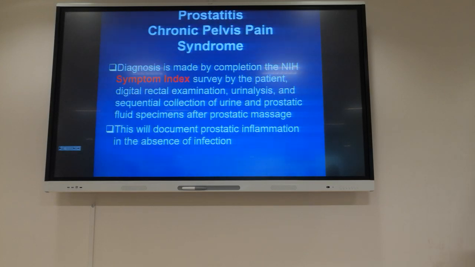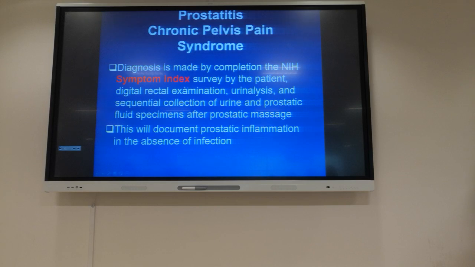So when it comes to chronic pelvic pain syndrome, it is a diagnosis of exclusion. You have to exclude all the other entities that could be causing the presentation of the patient, whether acute or chronic bacterial. And you have to fill in what is known as an NIH symptom index, which is a survey filled by the patient.